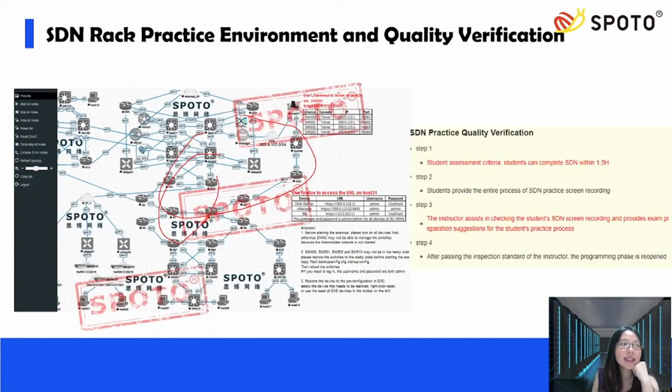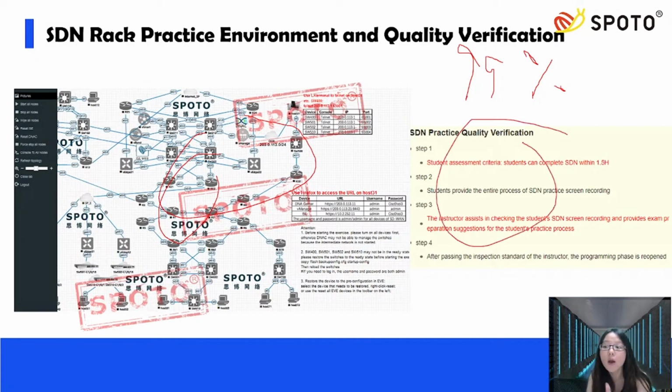So this is the SDN, which is 99% identical to the test room. So you can plan your own practice time, and adapt to the test room environment in advance. And when you meet the exam standards, we will help review your practice process to ensure the quality of your practice.